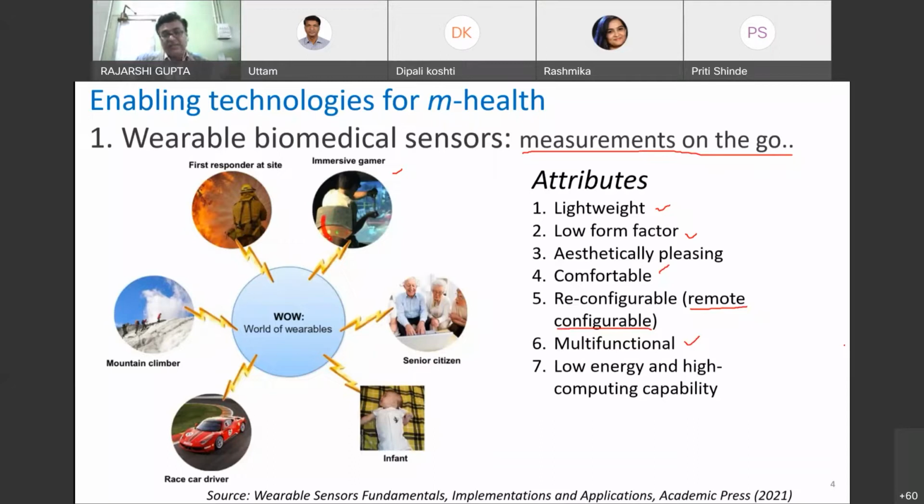Like using the concept of soft sensing, it is now possible to use a single hardware sensor and infer more than one quantity. For a concrete example, if we measure ECG, from that ECG it is possible to derive the respiration. I think some of you have gone through the papers on EDR, ECG-derived respiration.